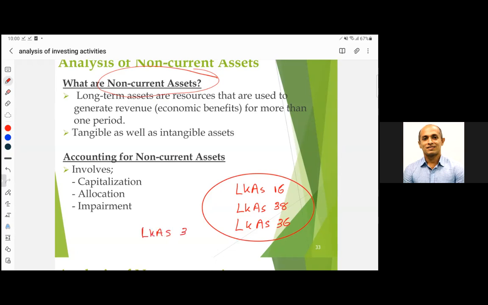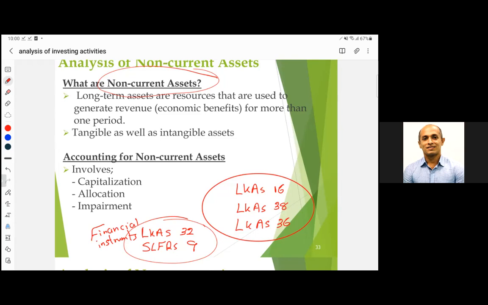LKS 32, SLFRS 9. So these two relate to financial instruments.